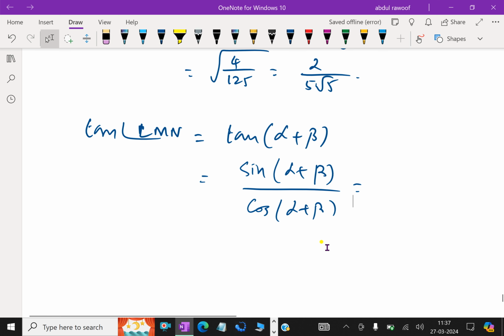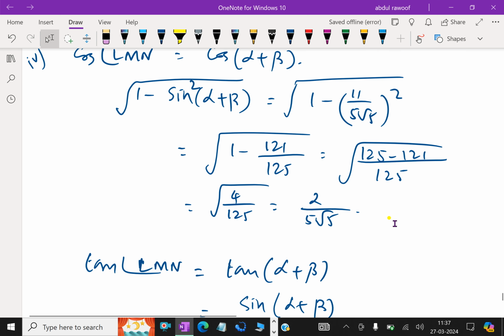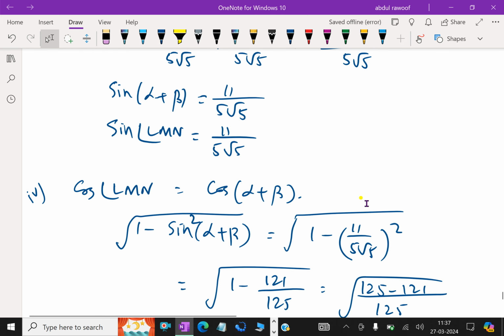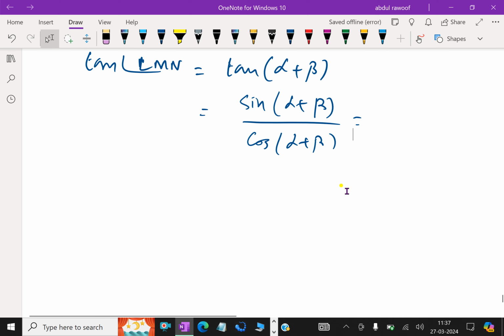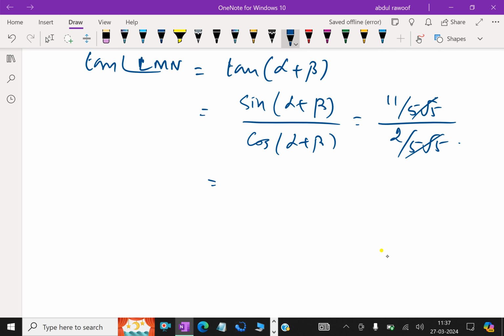Sine of alpha plus beta is 11 over 5 root 5, over cos of alpha plus beta, which is 2 over 5 root 5. Cutting the common denominator, we get 11 by 2. This is tan of LMN.